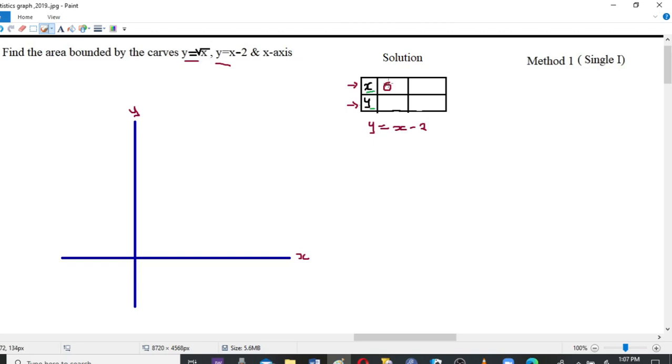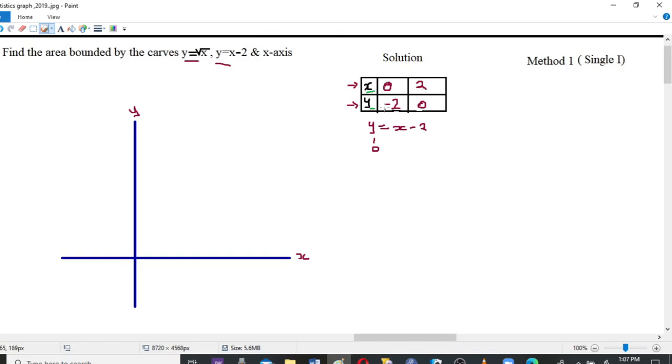If x is 0 in this equation, what will be my y? My y is going to be negative 2, right? What if I assume my y to be 0? What will be my x? If y is 0, then my x is going to be positive 2, right?